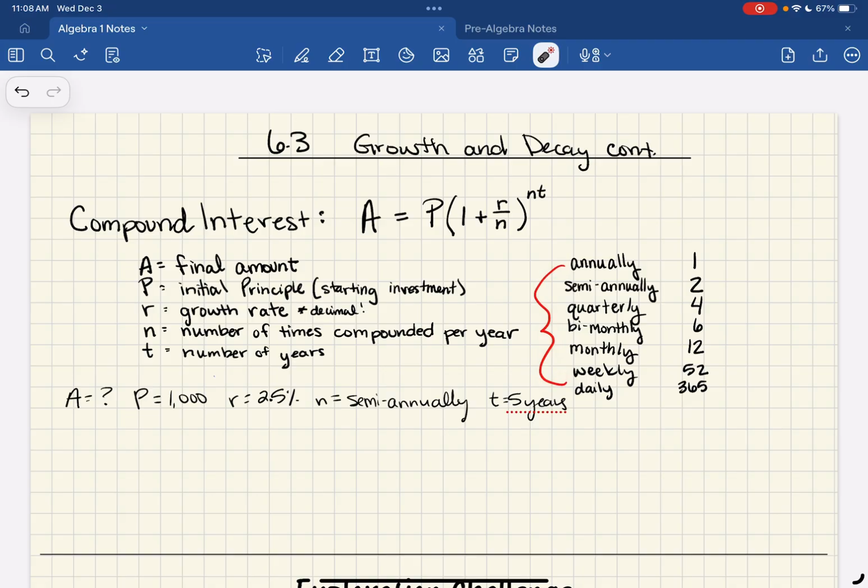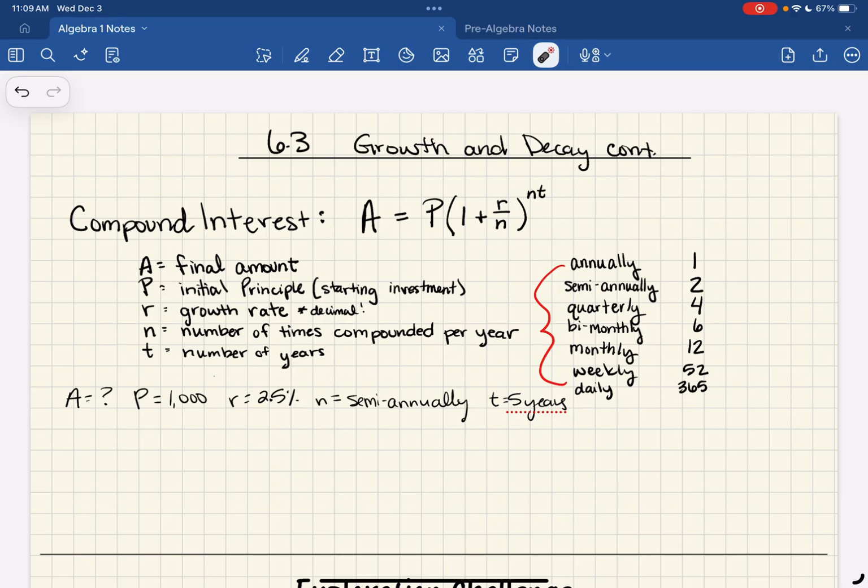So if it's compounded so many times a year, annually means it's only compounded one time. Semi-annually is 2. Quarterly is 4. There are 4 quarters in a dollar. Bi-monthly means every other month. Monthly means obviously monthly, so 12. There are 52 weeks in a year, and we use 365 days as our calculation if it says daily.